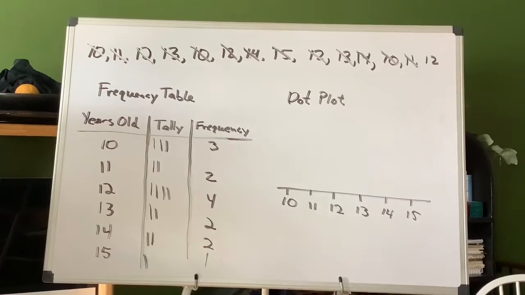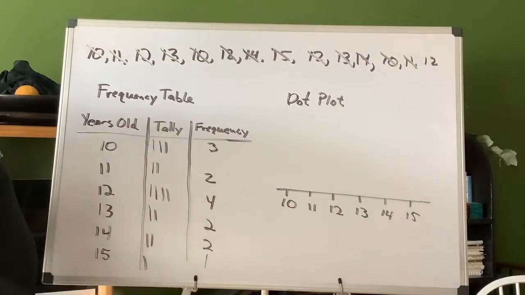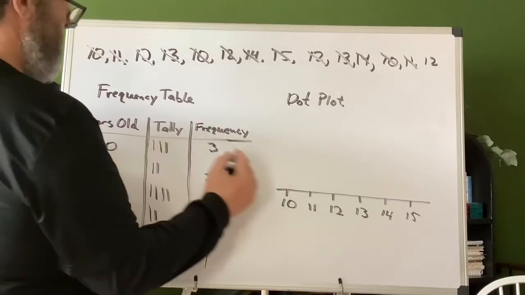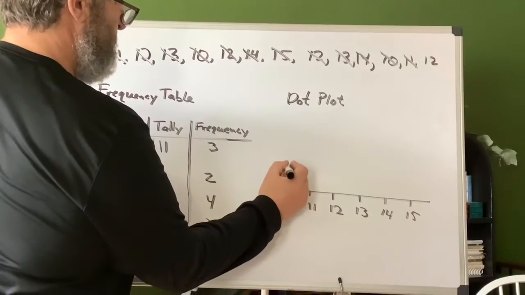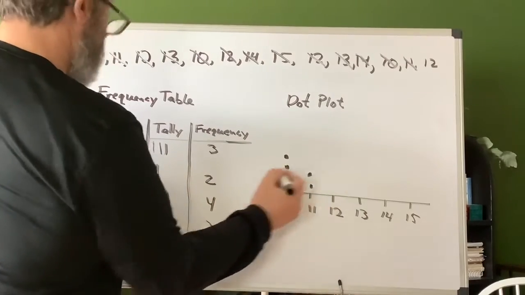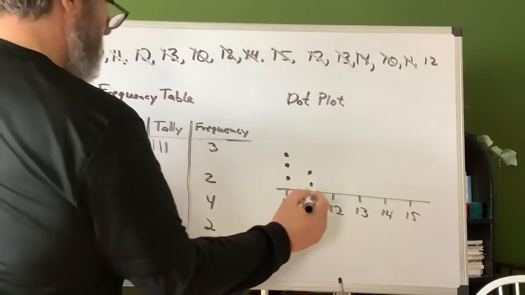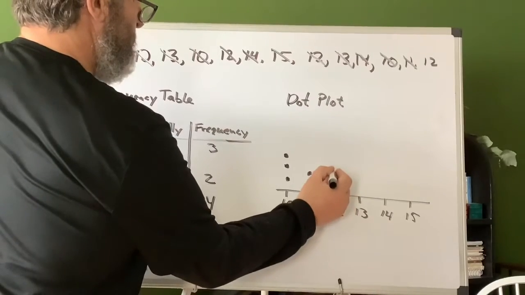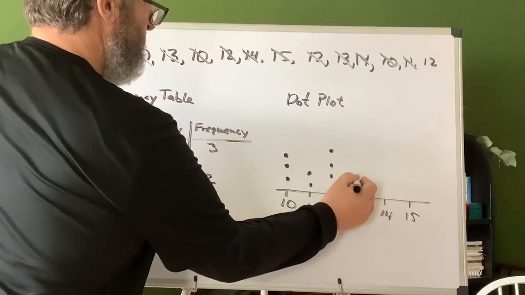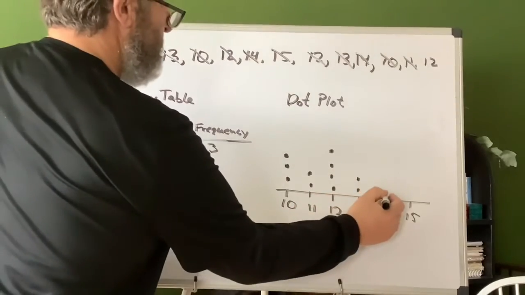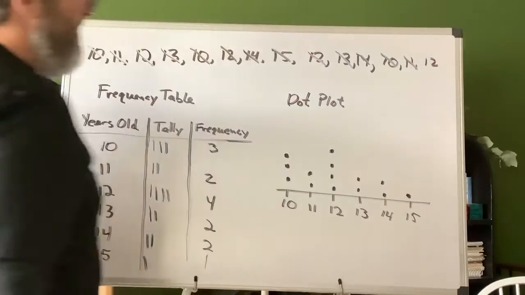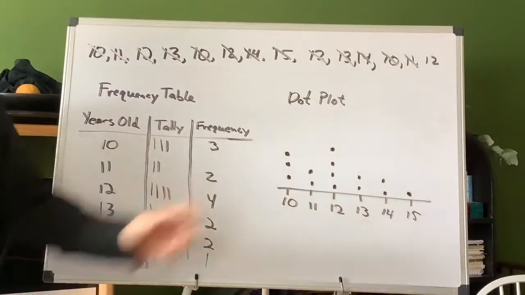And then also on the assignment that you're going to get. So here we go, 10, there's 3 of them, 11, 2, 12, 4, 13, 2, 14, 2, and 15, 1. Now, a dot plot is what we call discrete.